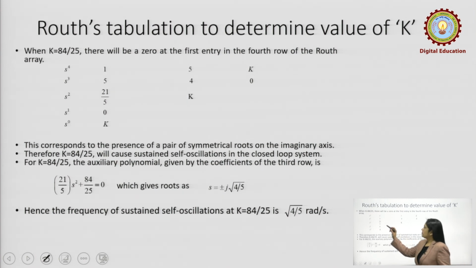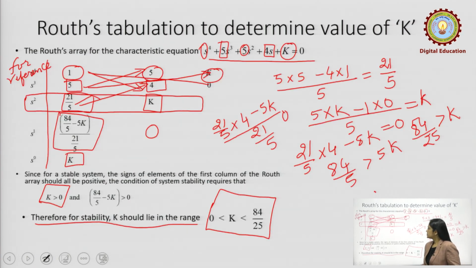Now, we can look at what happens if k is equal to 84 by 25. If you substitute k equal to 84 by 25 here, this part becomes 0.